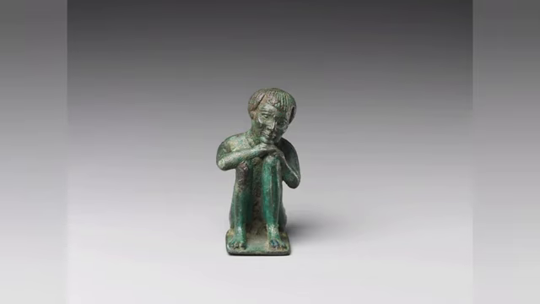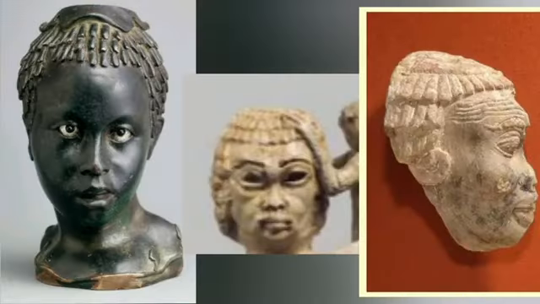If we sit with our thoughts for a while and look at these three images, the first Greek, Greco-Roman, the second Phoenician, and the third ancient Egyptian depiction of a Nubian, ask yourself a question.